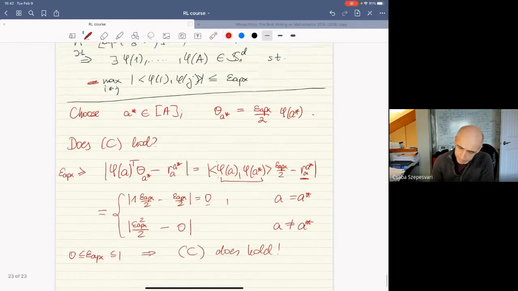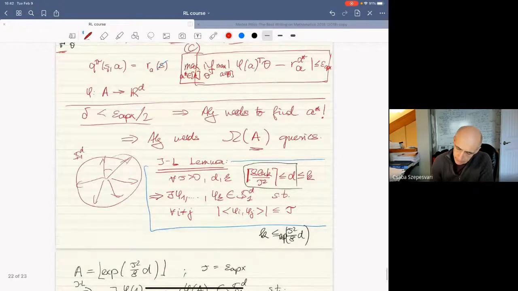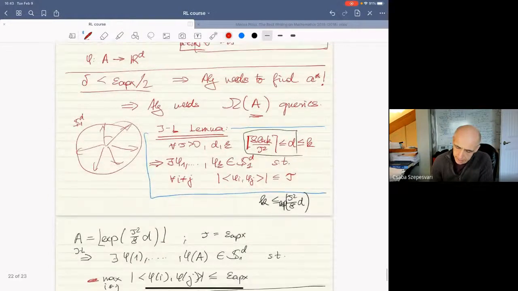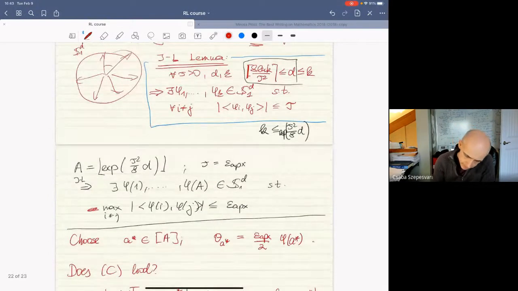Indeed. So this means that we can choose A this big.